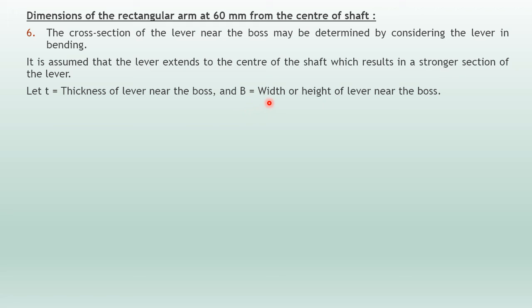And capital B is the width or height of the lever near the boss. Now we know that the bending moment on the lever M is equal to P into l. Don't confuse over here, this is small l.